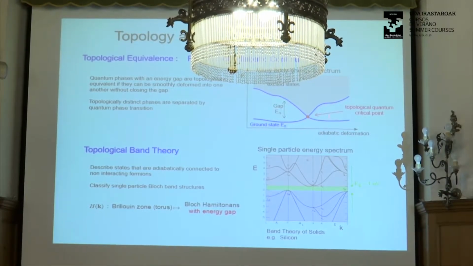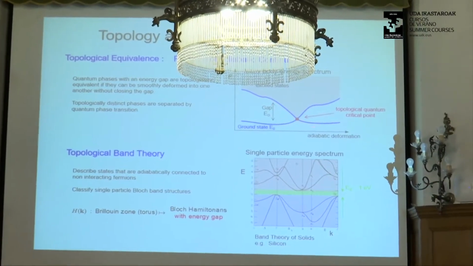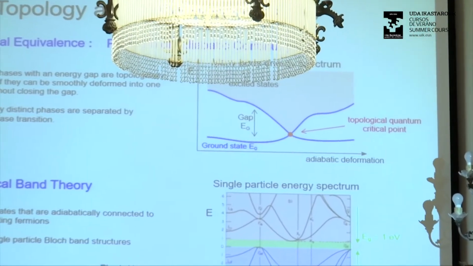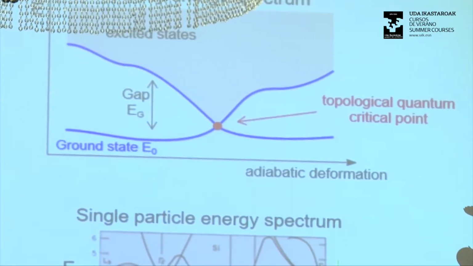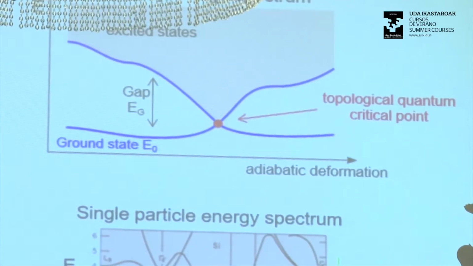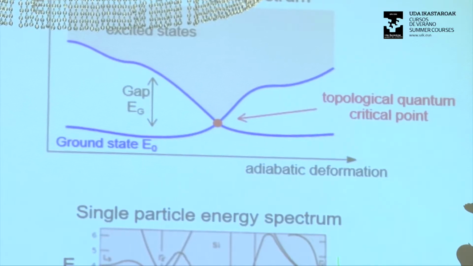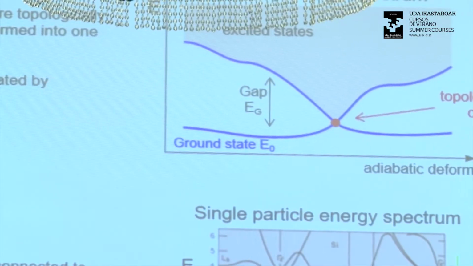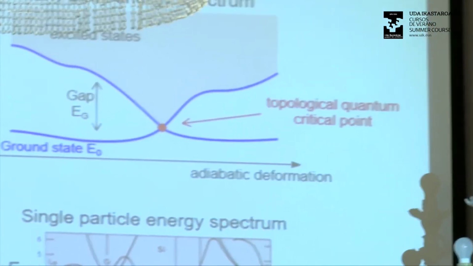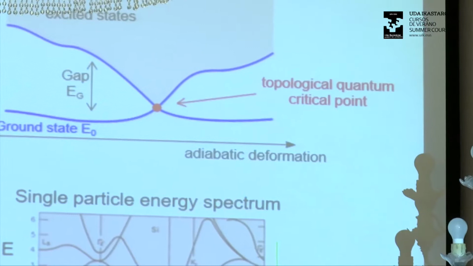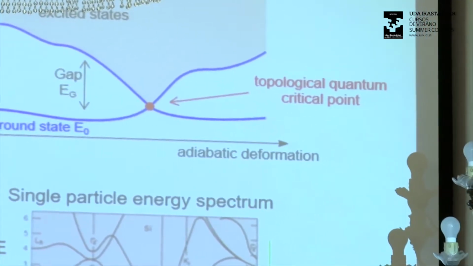Can we characterize the phases, and can we characterize the quantum critical points that separate them? Okay, now, in general, this is a really, really hard problem. And I think even today we don't have a complete characterization of many-body topological electronic phases of matter. Okay, it's a hard problem.